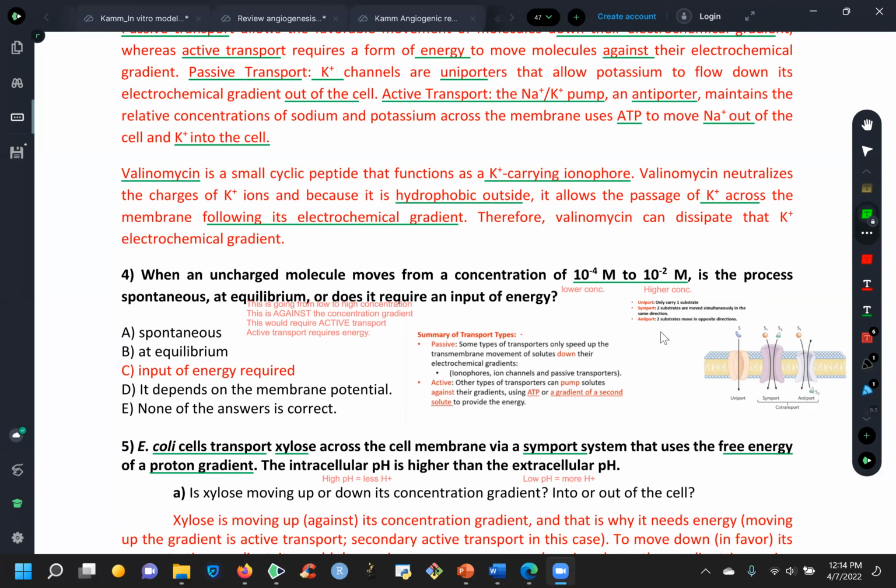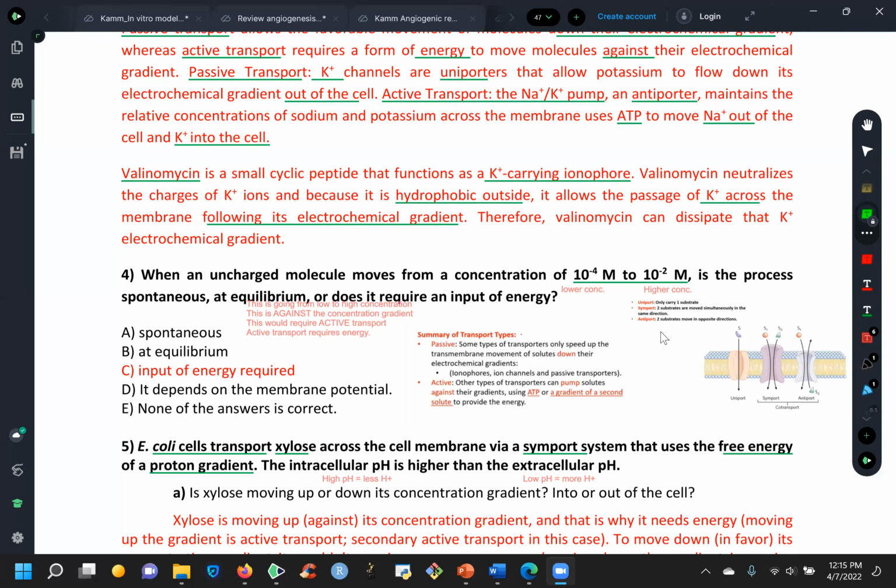So that is the sodium potassium pump. It maintains the relative concentrations of sodium and potassium across the membrane. It uses ATP to move sodium out of the cell and potassium into the cell. That makes sense because it's going against the gradient.